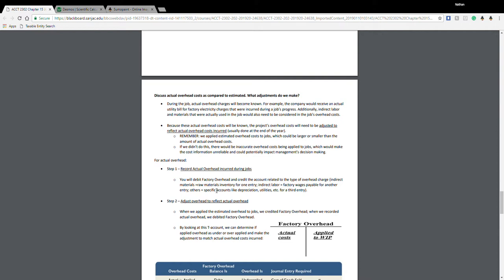And for all the other ones that deal with overhead, like depreciation and utilities, they will get put in either payables or accumulated depreciation. Anything that basically goes out that way for factory overhead. Again, we're going to show examples of these journal entries in just a little bit, so don't worry if that sounds very confusing to you. We will have examples.